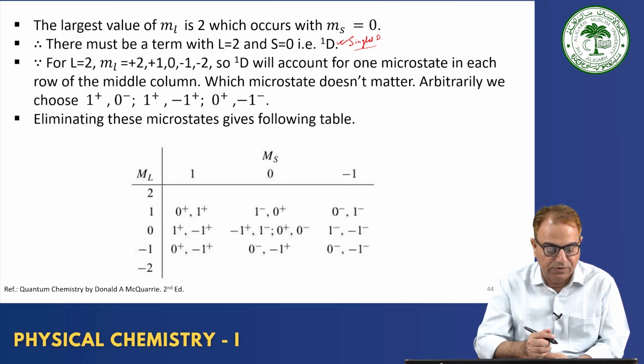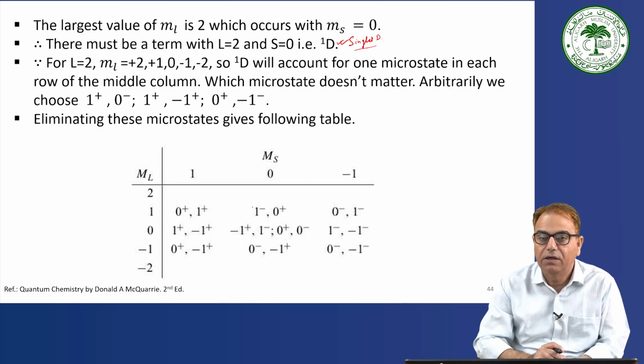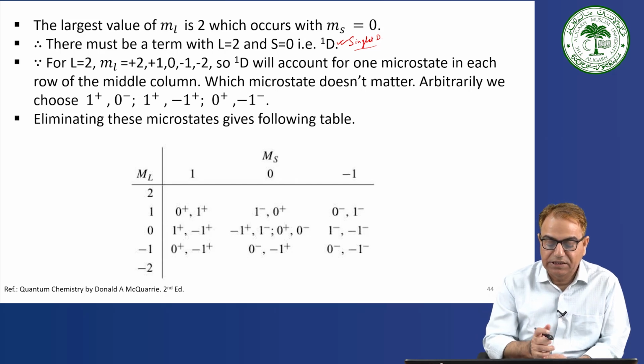Again, this is from Quantum Chemistry by McQuarrie. If you use this one, you see the first row has no term, the second row has no term. In this there was a term, so from each of these rows we deleted one term for singlet D. Now you have this one. Again you find the largest value of ML.